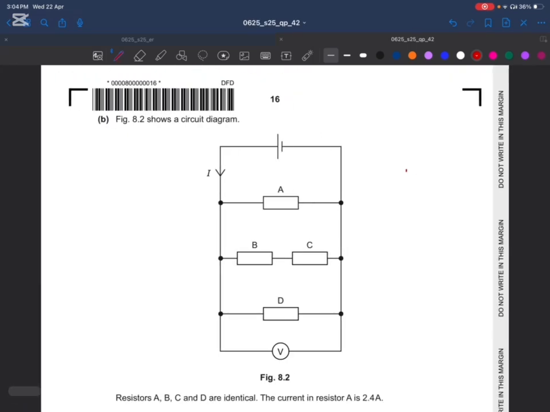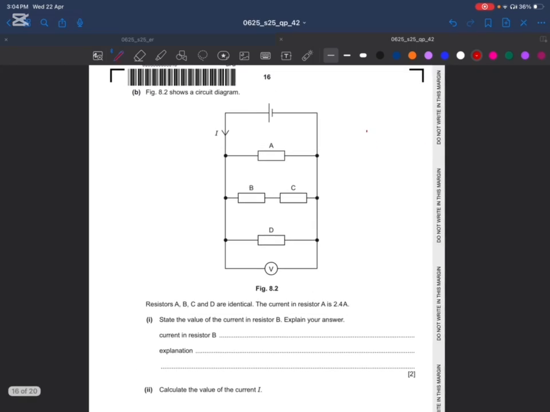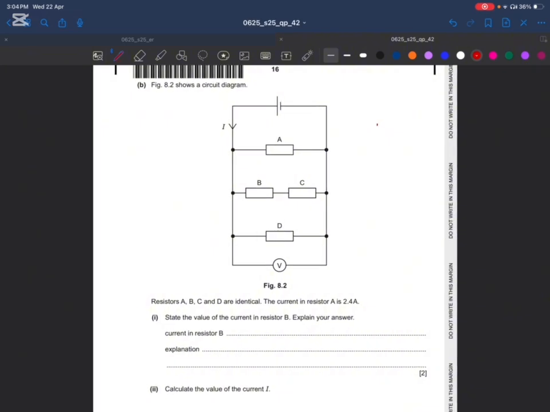Simple. In part B, you have a question based on electricity, and you can see that they have given you a simple circuit, which is basically the parallel circuit. Here you have a source, and all these resistors are connected in parallel, with positive and negative terminals. All the right hand side is connected with positive, all the left hand side connected to the negative.